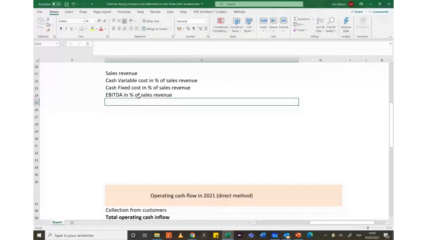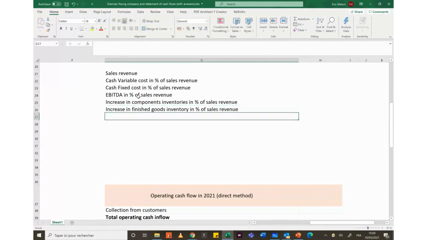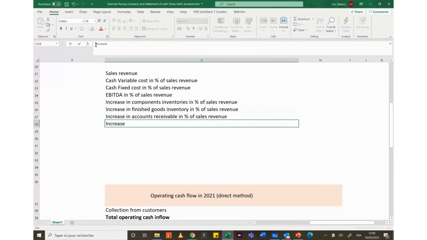After we have the increase in components inventory in percentage of sales revenue, increase in finished goods inventories in percentage of sales revenue, increase in accounts receivable in percentage of sales revenue, increase, but it is positive here, in accounts payable in percentage of sales revenue.